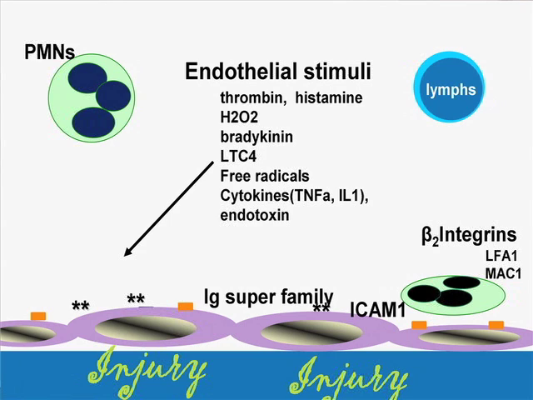And on the surface of the endothelial cells, there's upregulation of additional Velcro-like particles within the immunoglobulin supergene family. One example of that would be ICAM1, or intercellular adhesion molecule 1. And this leads to more tight binding that sets the stage for transmigration.